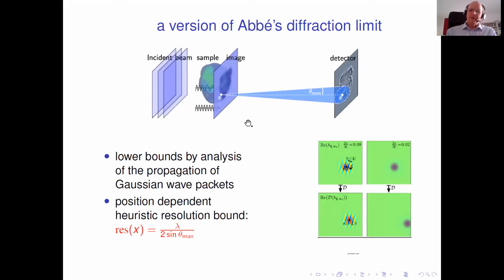And so first, let's consider a physical argument. So let's look at what might be the resolution of this imaging setup. And so if we take the famous Abbé diffraction limit, I mean, it's usually derived in the far field setting, so it's not really immediately applicable, but let's apply this nevertheless.